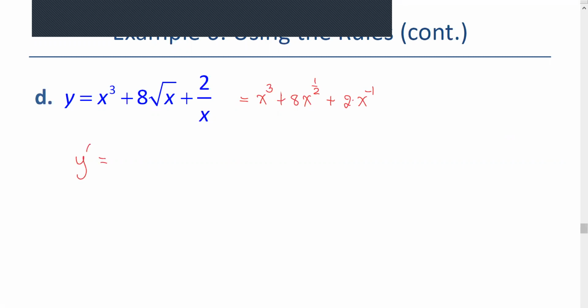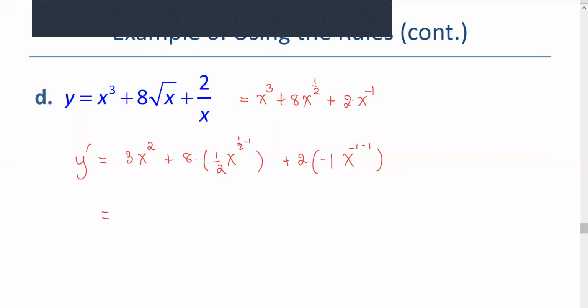Y prime equals 3 times x to the second plus 8 times 1/2 x to the 1/2 minus 1 plus 2 times -1 times x to the negative first minus 1 by using the power rule.